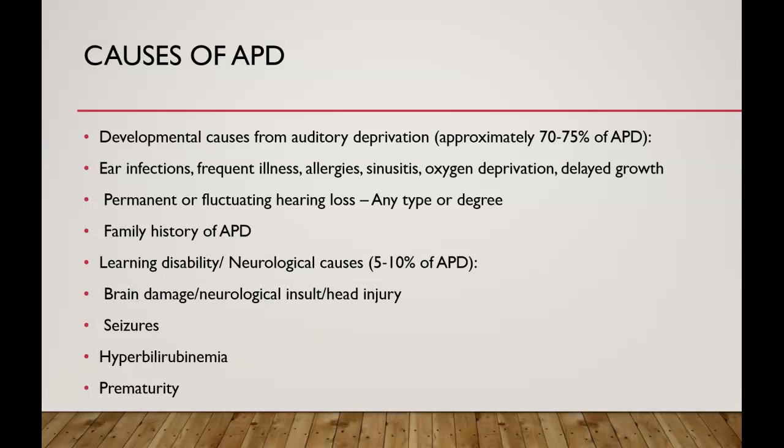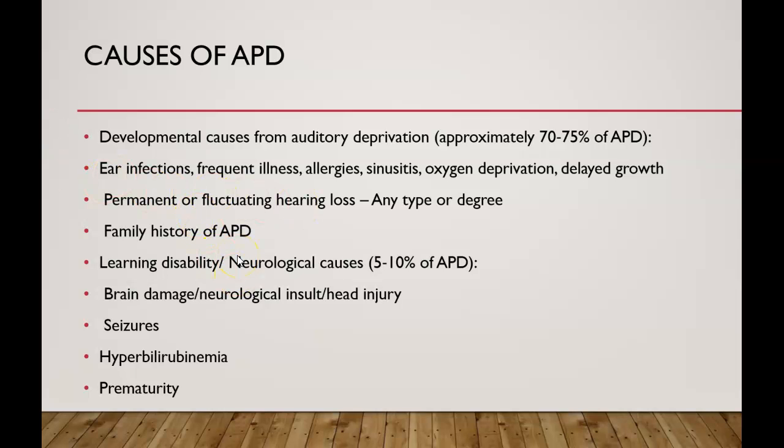There's no ifs, ands, or buts about it. We know that a person with hearing loss of any type is going to experience some processing issues. And so when somebody with hearing loss gets accommodations, the accommodations for hearing loss typically are better than the accommodations for auditory processing disorders.